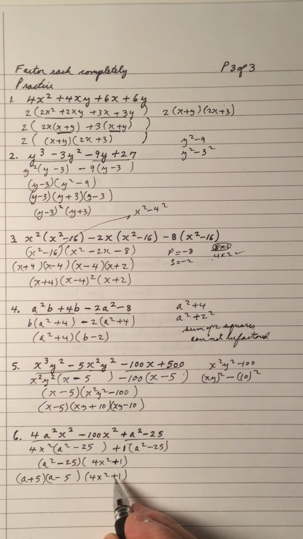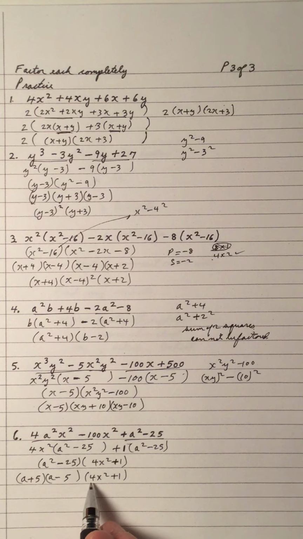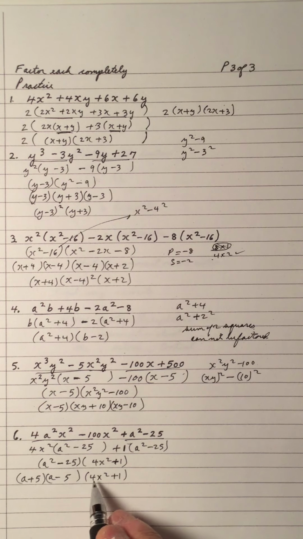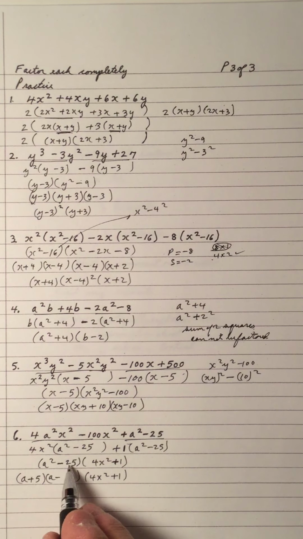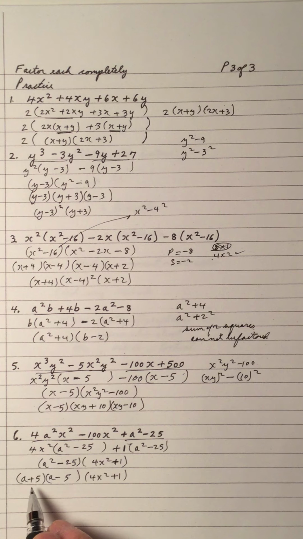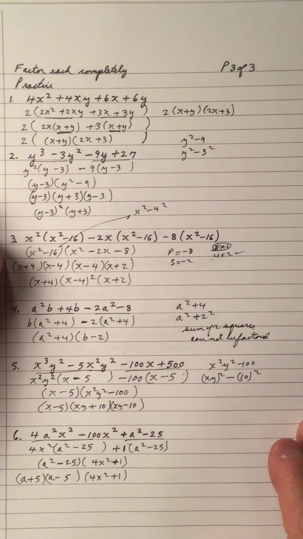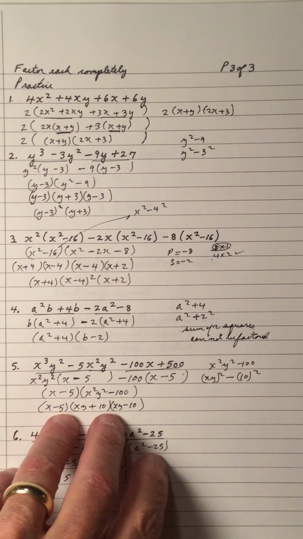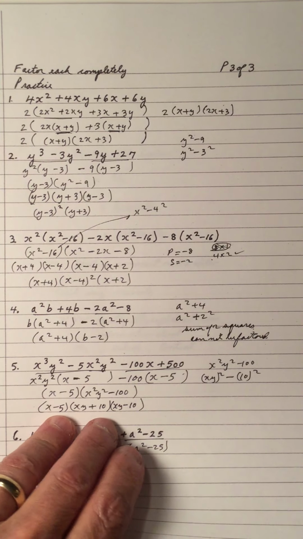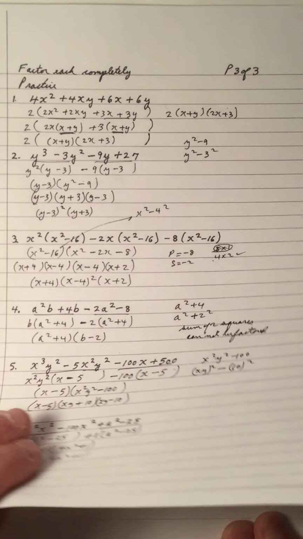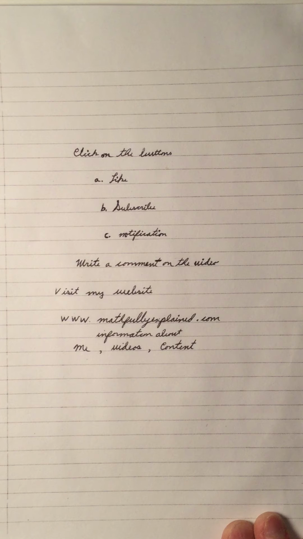You cannot factor the sum of two squares. 4x squared is the same as 2x all squared. 1 is the same as 1 squared. We cannot factor the sum of two squares, but we can factor the difference of two squares. And that brings us to the end of factor completely. Factor completely means break it right down and make sure you have as many factors written out as possible.